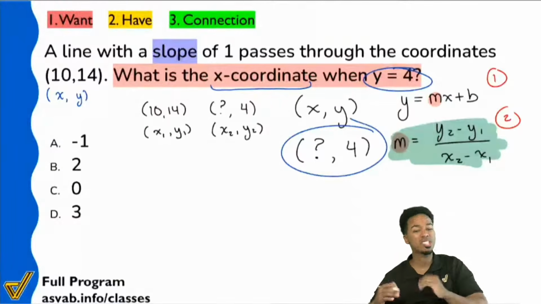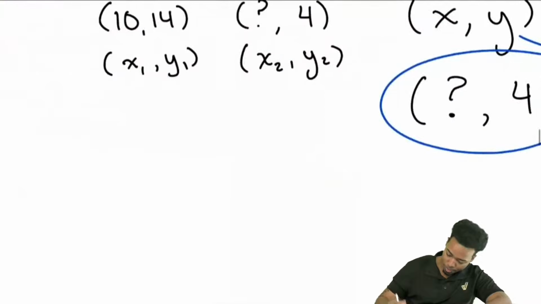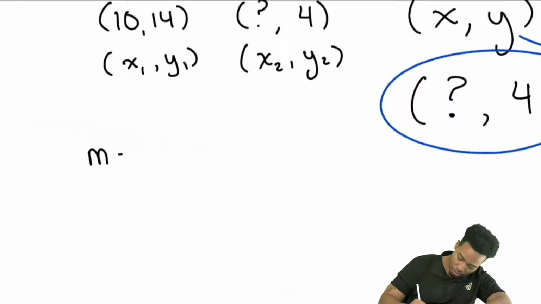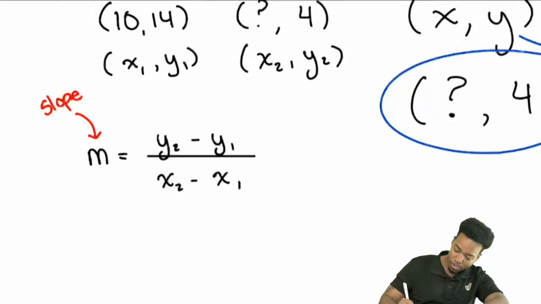Let me show you what this looks like. So here's the formula. Slope, which is m, again, let me mark that down right there. That's your slope, equals, again, your second y minus your first y, over second x minus your first x.